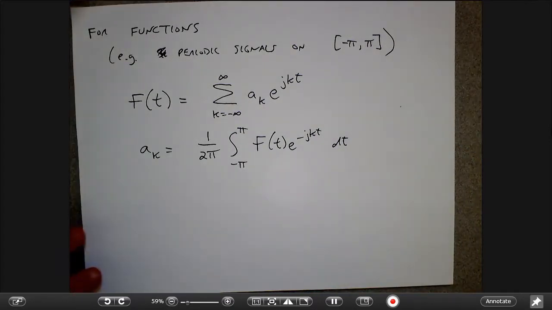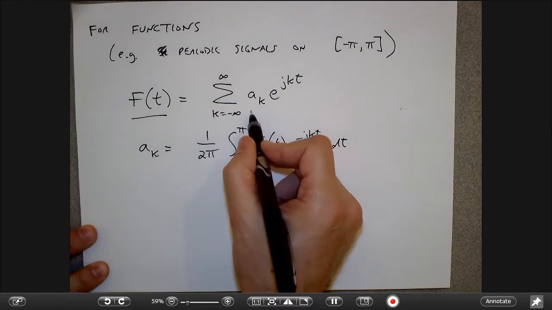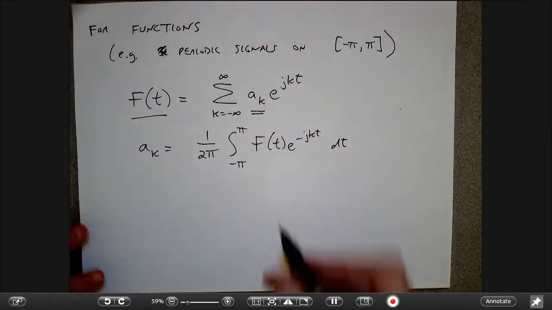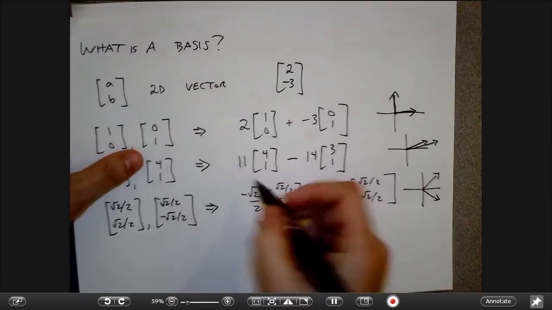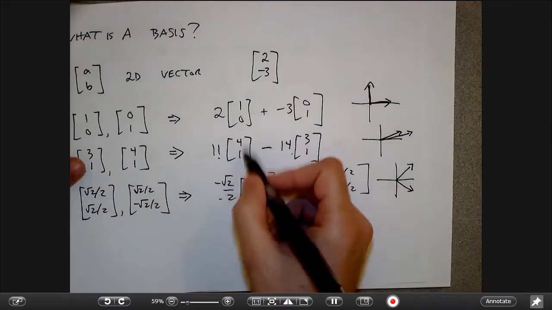What I'm doing here is representing my original signal as the sum of an infinite combination of basis functions. The coefficients play the role of the coefficients here, and the functions play the role of these basis vectors.